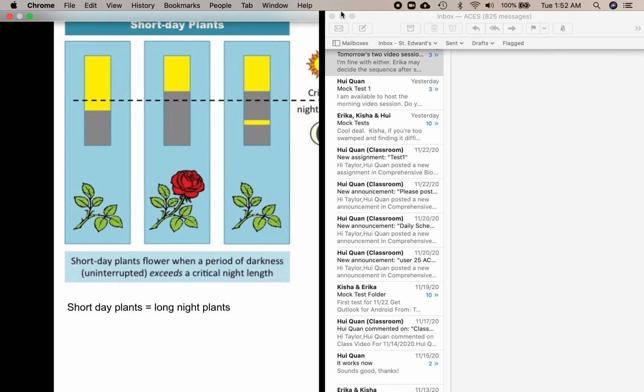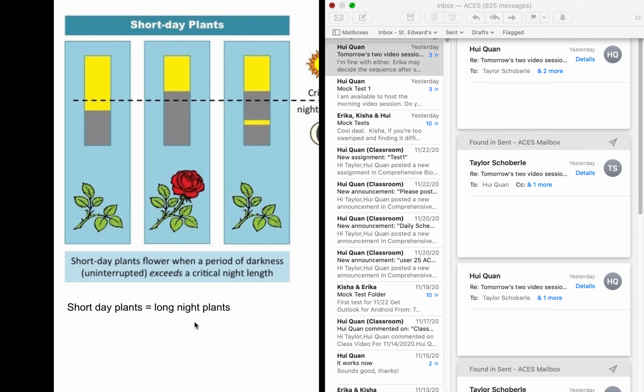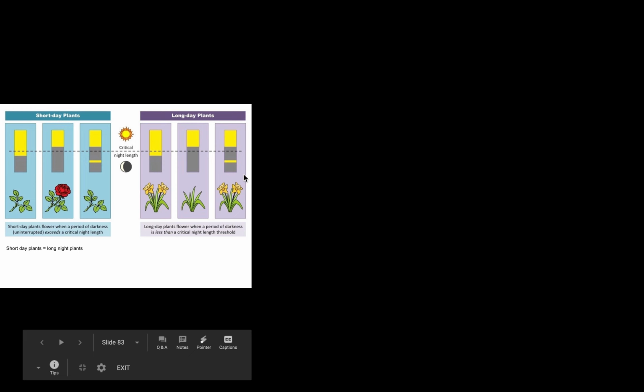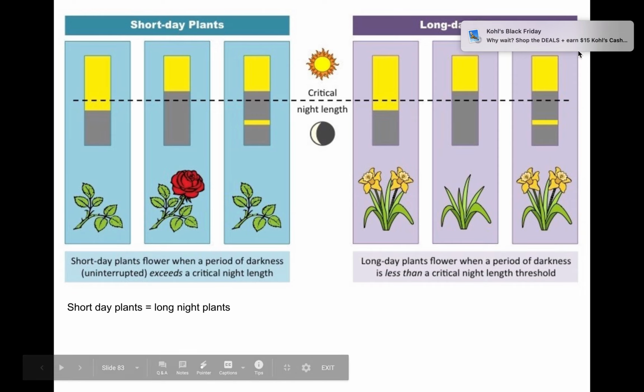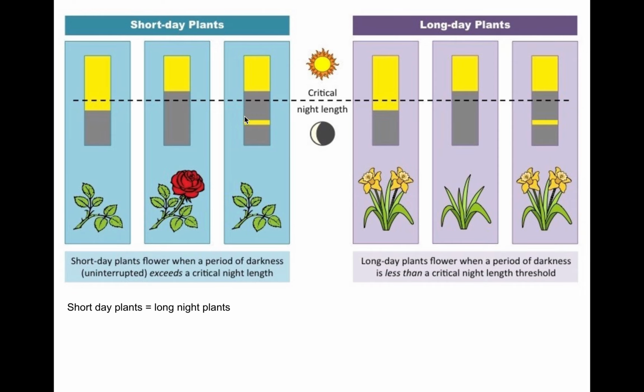All right, so short day plants, which are also typically long night plants, quote unquote, because long night plants is mentioned in one of the answers. Short day plants flower when a period of darkness exceeds the critical night length. All right. So it'll only flower if it has a long enough night.